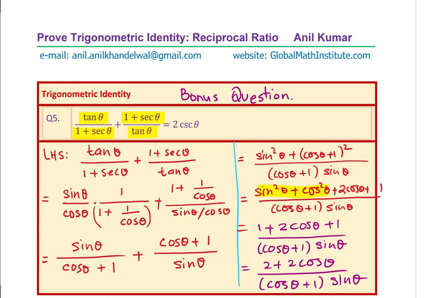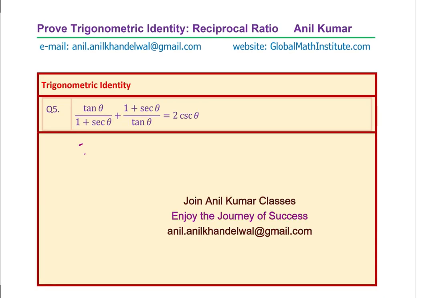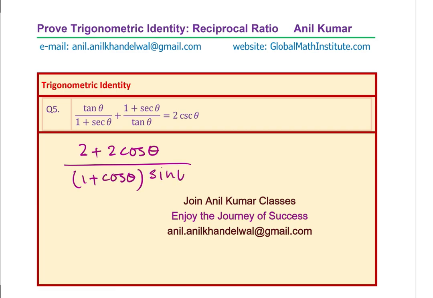So let me take it on the next page. In the numerator we have 2 plus 2 cos theta. And in the denominator we have 1 plus cos theta times sine theta, correct? So we brought forward the result. And now we can take 2 common, and so we get 1 plus cos theta.